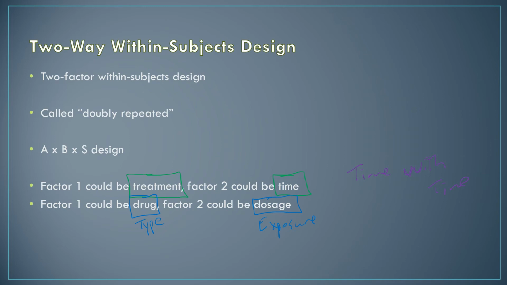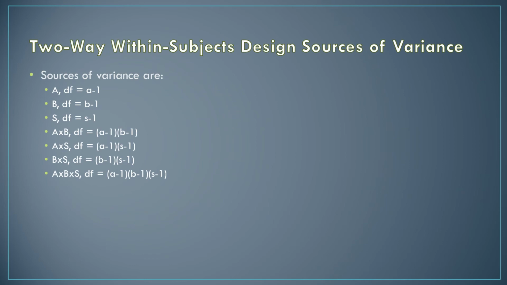These two-way within subject designs get complicated in their interpretations because you have these two factors, but it's nearly impossible to interpret when you have two time factors. So similar to a two-way between subjects design, you have these multiple effects that you have to take into account.